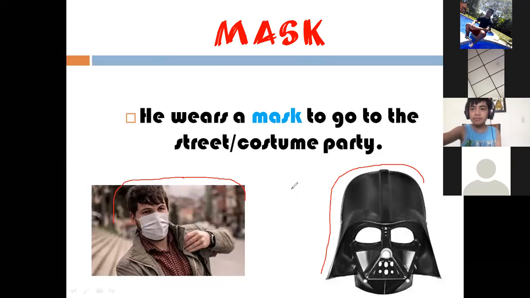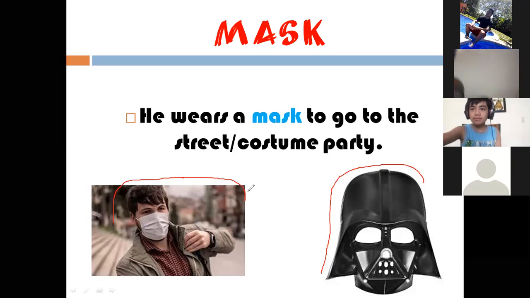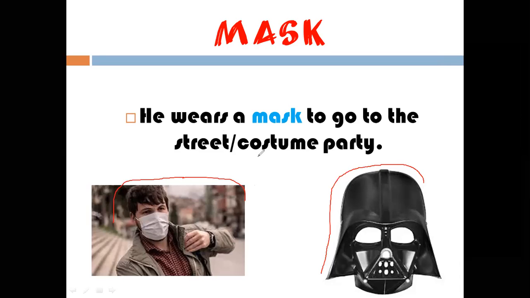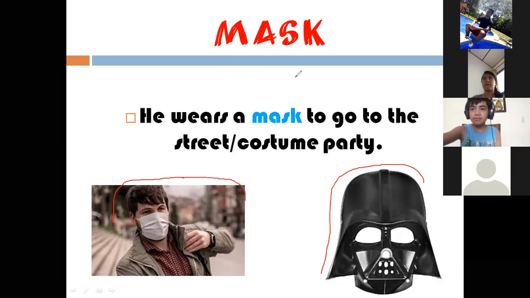Also, a lot of doctors and people working in a hospital wear this mask. And nowadays we are wearing this mask because it's important, just to follow recommendations.